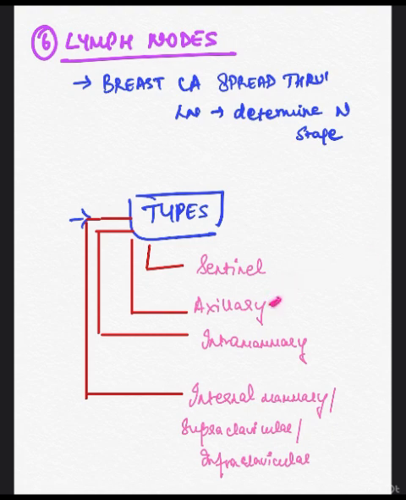The second level includes the Rotter's nodes, and these are located behind the pectoralis major. So first is behind pectoralis minor, and the third level is also called apical lymph nodes, and they are only removed if suspicious.